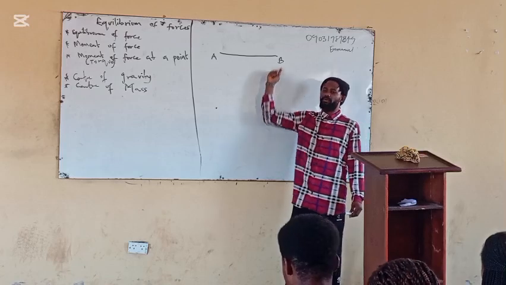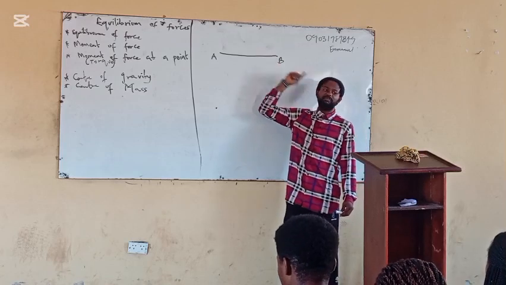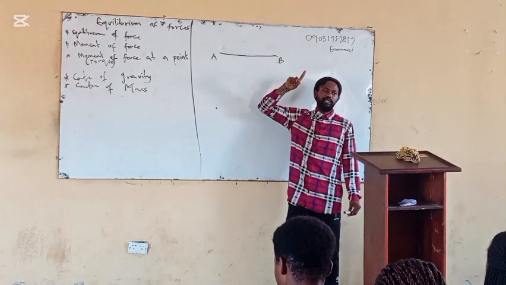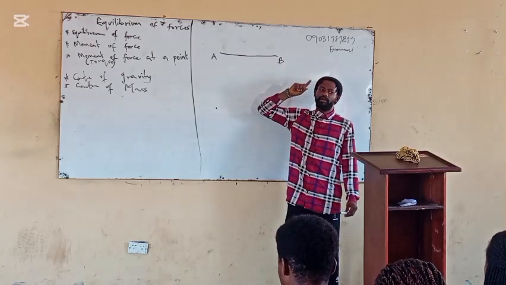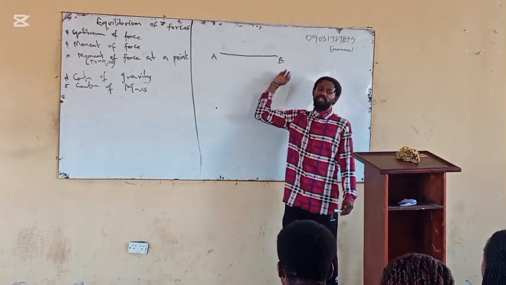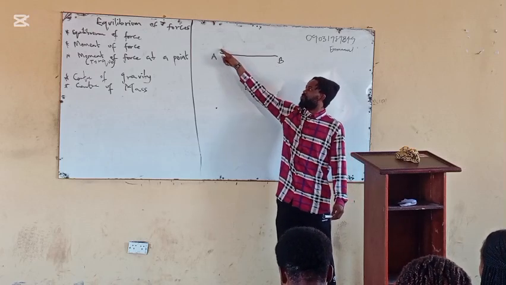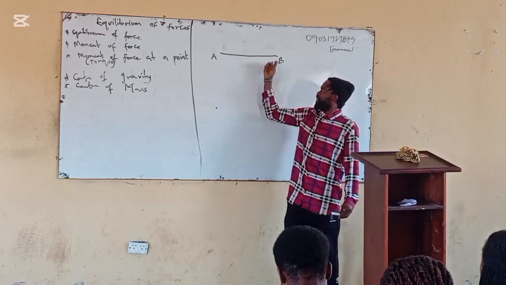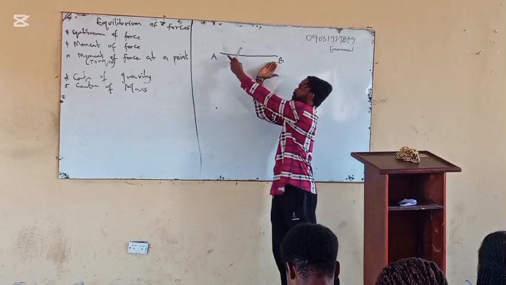So once an object has balance, that object is said to have equilibrium. For balance to be achieved, there must be no net force, because if there is a net force acting on this, that means that this object will tend to move downwards.